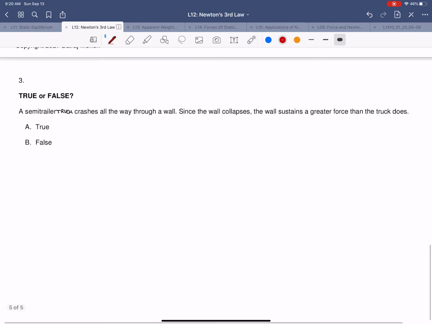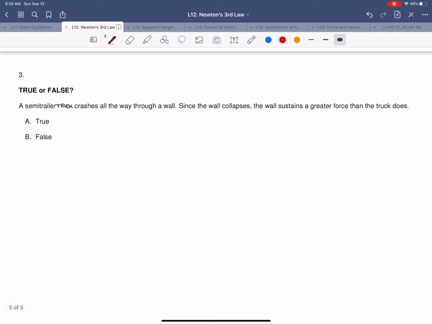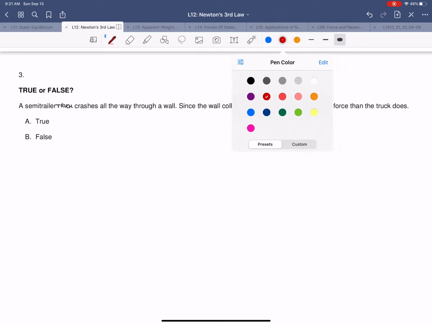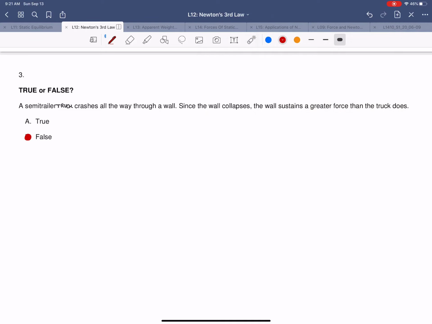Here's another question. A semi-trailer truck crashes all the way through a wall, completely destroying the wall. Since the wall collapses, the wall sustains a greater force than the truck does, and let's say nothing happens to the truck, so the wall experiences a greater force. This conclusion is false, because Newton's third law says that the forces are equal.